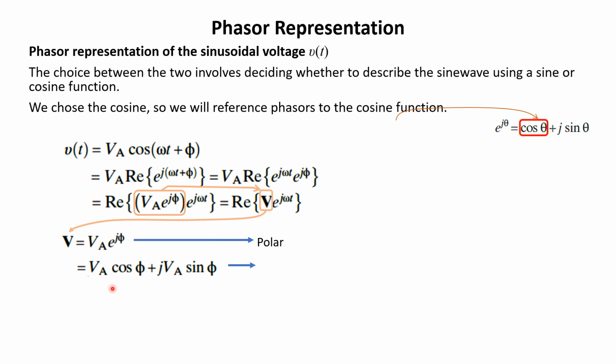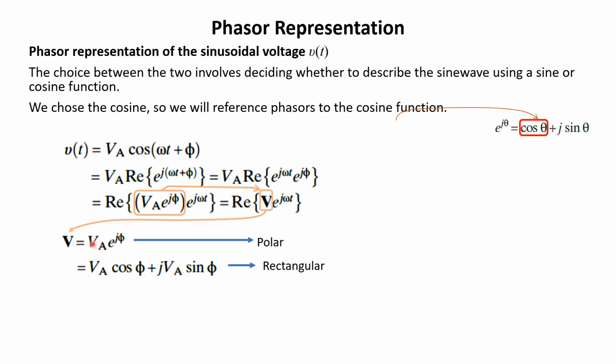This phasor voltage is represented in polar form as V_A angle phi, and in rectangular form as V_A cosine phi plus j V_A sine phi. Sometimes we need to represent it in rectangular form when we want to add or subtract two phasors. When we need to multiply two phasor voltages, say V1 and V2, we may not need to represent them in rectangular form.